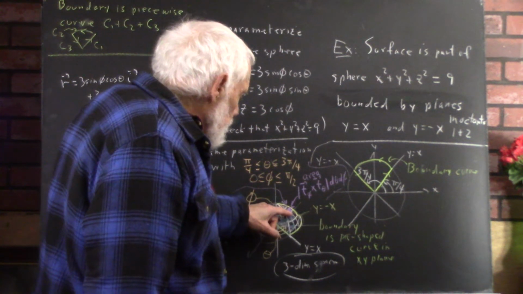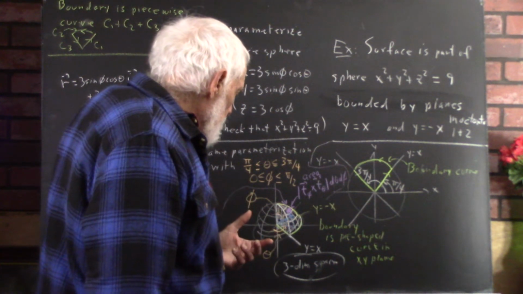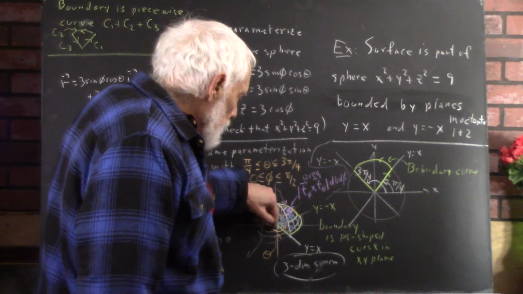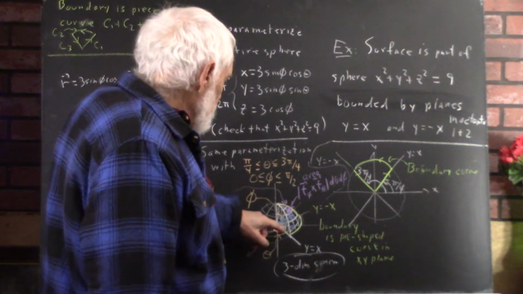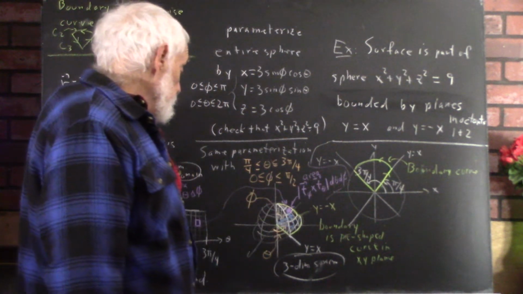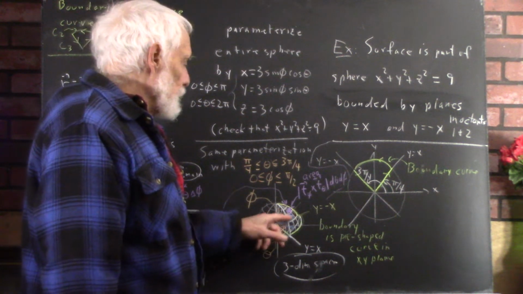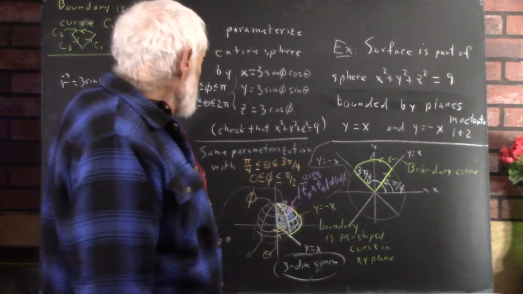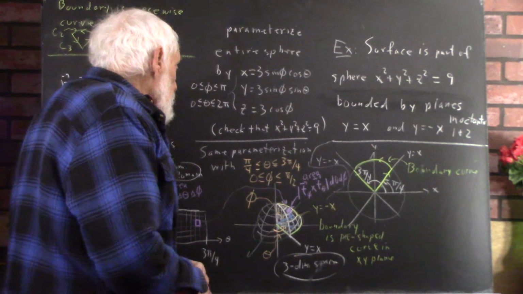This is the projection of the r vector down into the xy plane, and the angle theta is the angle from the x-axis measured in the positive direction to that line. So there's your phi, there's your theta, and your r is 3 because you're on the surface of a sphere of radius 3. So that's the parameterization.